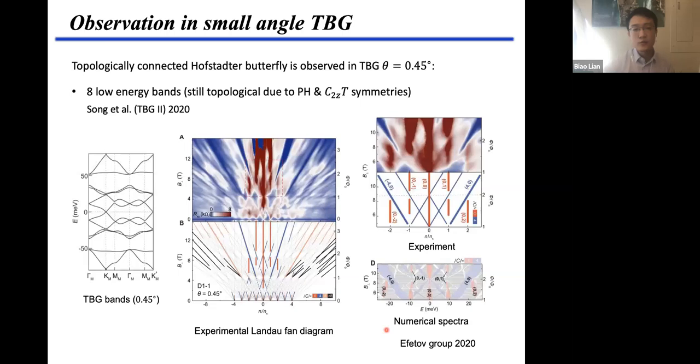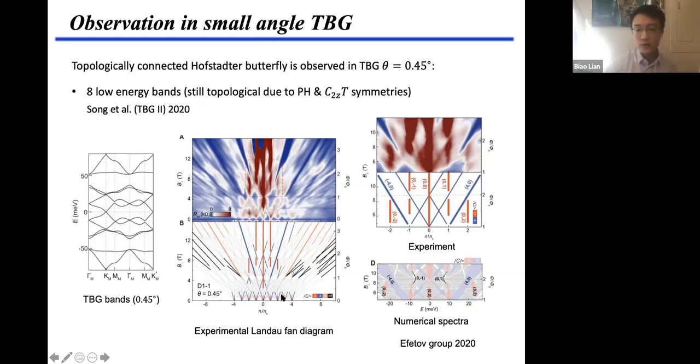Lastly, I just want to mention that this was also observed recently in smaller angle twist bilayer graphene. The reason to go to smaller angle is that there's an upper limit for the magnetic field, and to see the effect, one really needs to enlarge the unit cell. In this case, there are 8 low energy bands connected with each other, but they're still topological given the particle-hole and C2ZT symmetries.